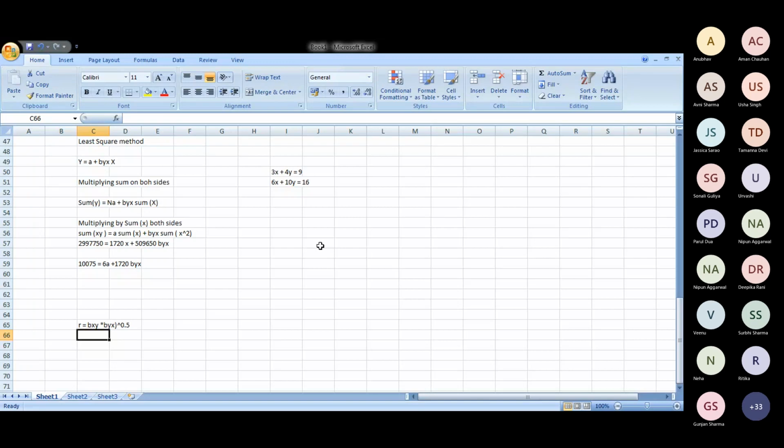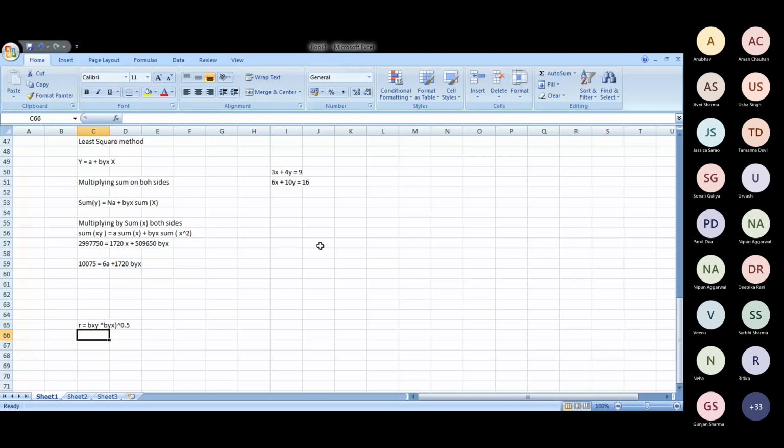So that becomes the formula for the correlation coefficient, which says R is equal to Bxy into Byx whole raised to the power 0.5. That means under root of Bxy into Byx.